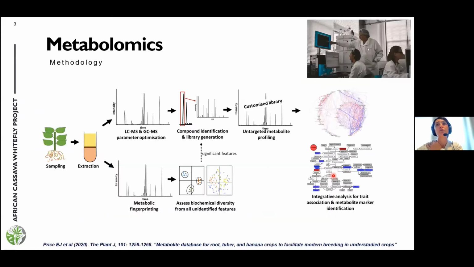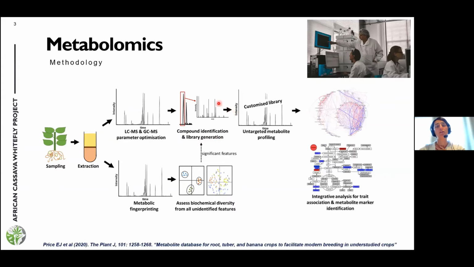Over the years, we have developed a number of analytical workflows and different methodologies for studying the changes in the metabolome. These methodologies are organized in two different strategies. The main one is based on an untargeted profiling, where all the chemical features present in the plant extract are taken into consideration for the statistical analysis.